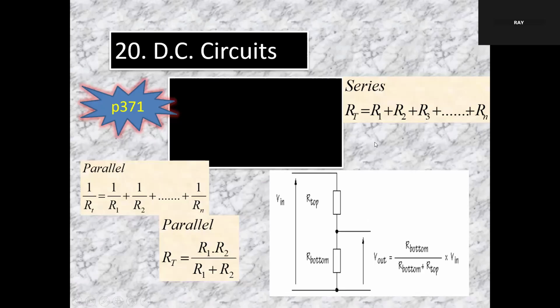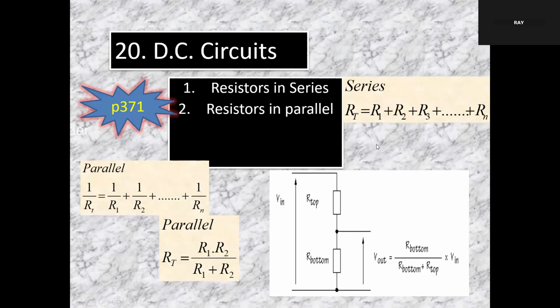All this formula you need to remember: resistor in series, resistor in parallel, potential divider, Kirchhoff's law.